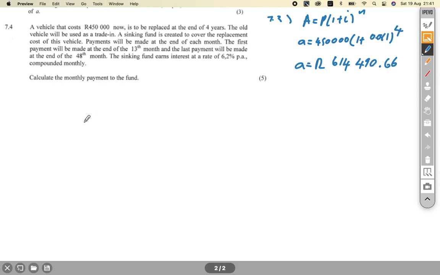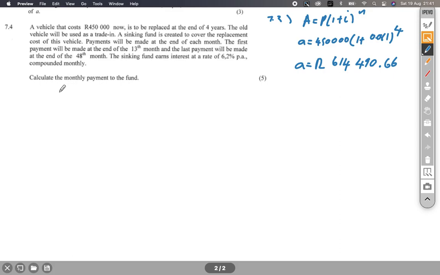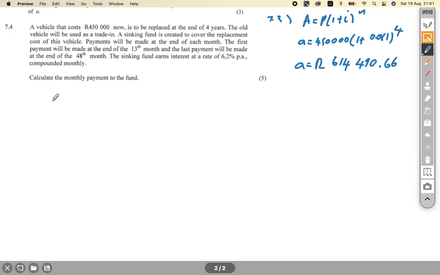Okay, so we're going to apply the future value formula. But now remember that the new car won't be bought using this amount. So we will use the trade-in value.